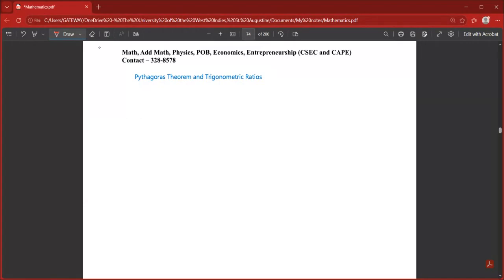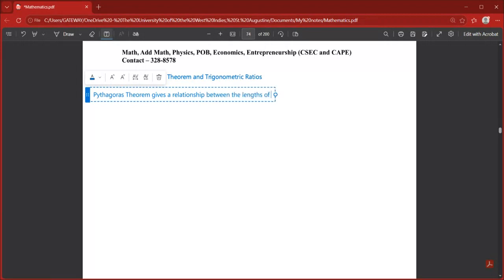So what is Pythagoras theorem? Pythagoras theorem gives a relationship between the lengths of the sides of a right angle triangle.